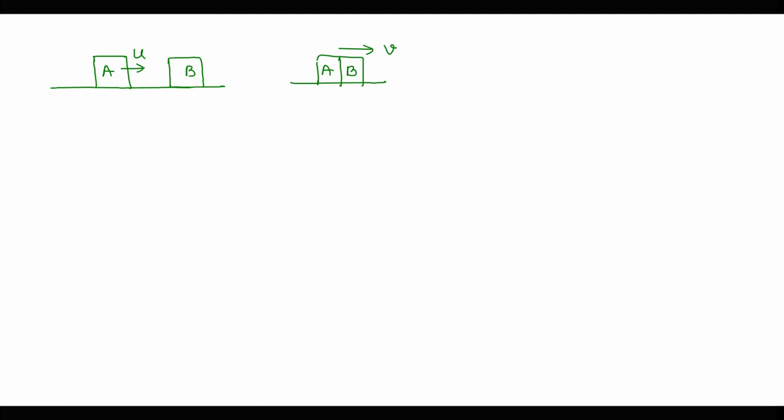Since the mass is the same, if I apply momentum conservation, that is P initial equal to P final, then I can write mu is equal to 2mv, and the velocity post collision is going to be u by 2. So u was equal to 10 meter per second, so this time v is equal to 5 meter per second.